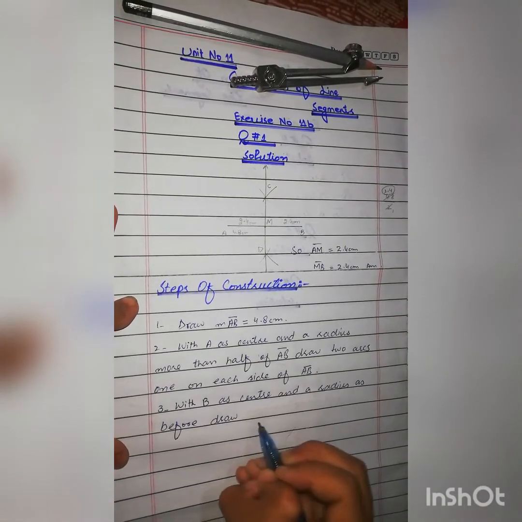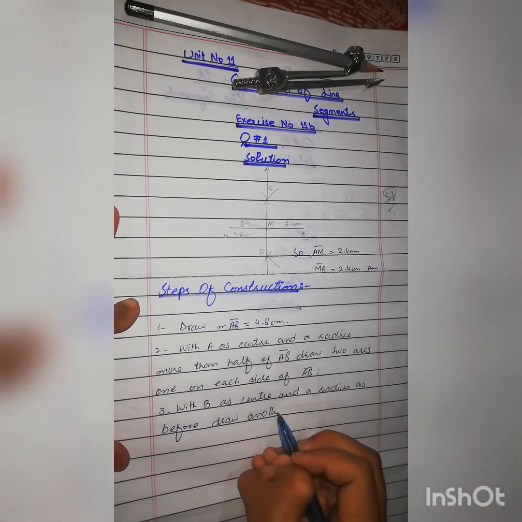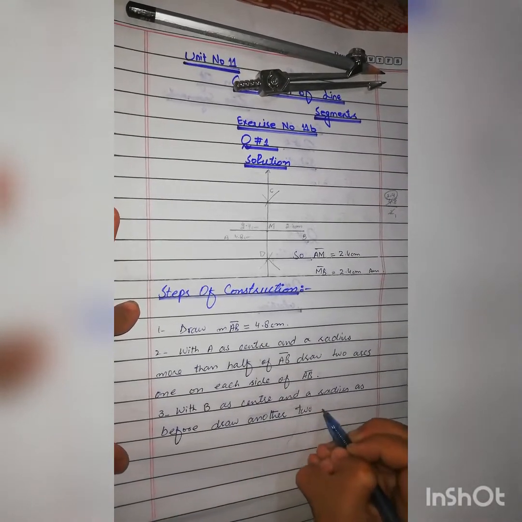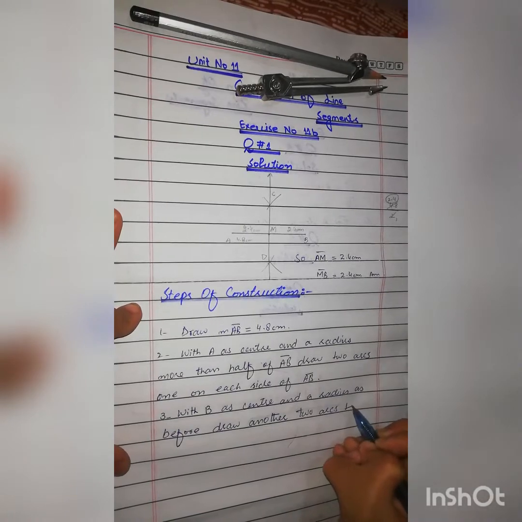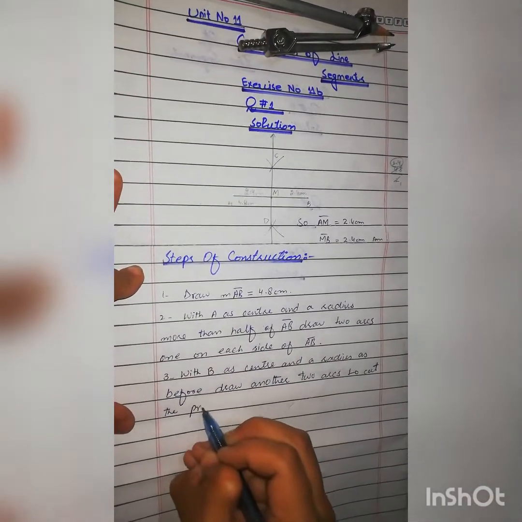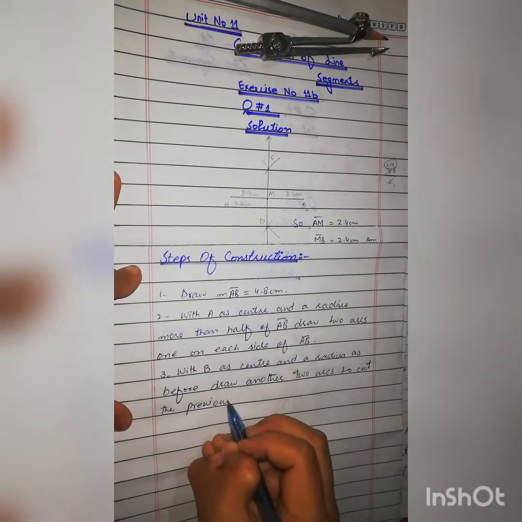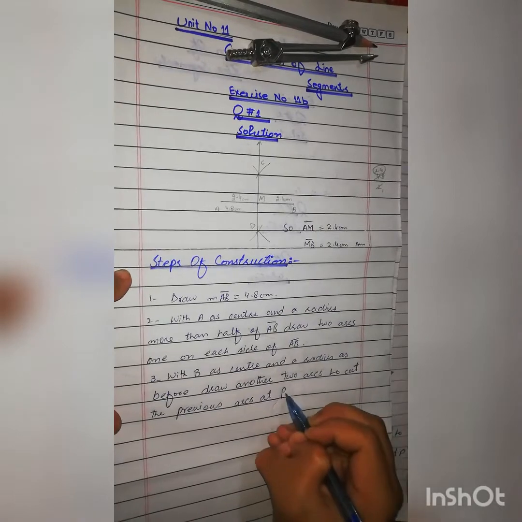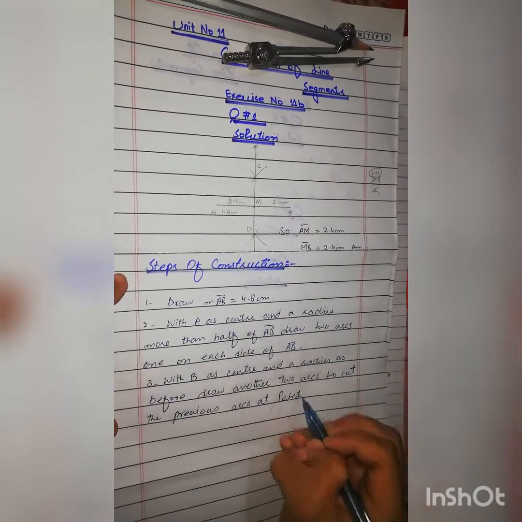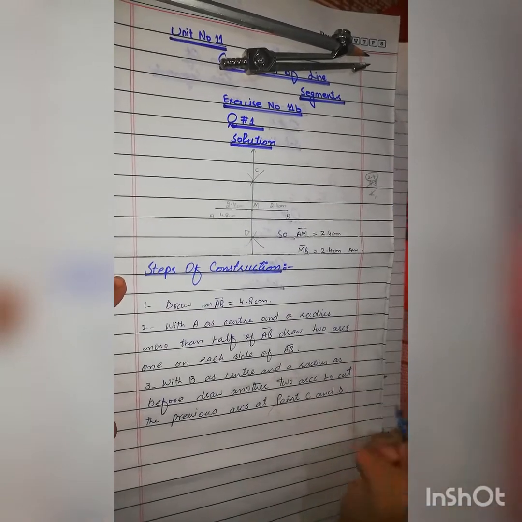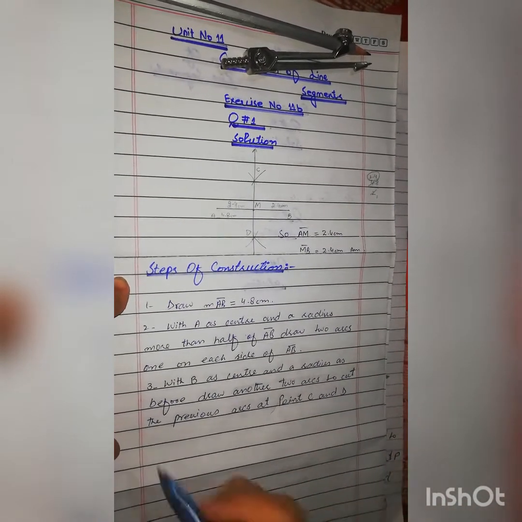Draw another two arcs to cut the previous arcs at points C and D. Clear?